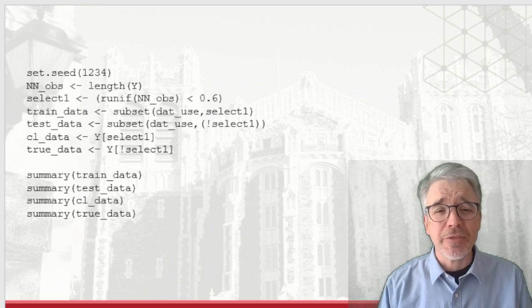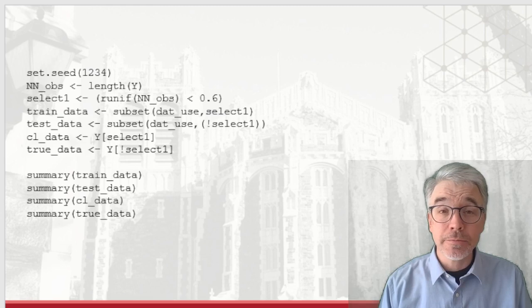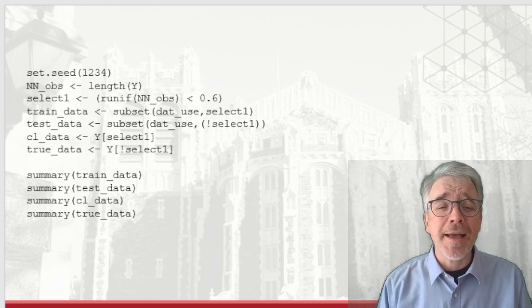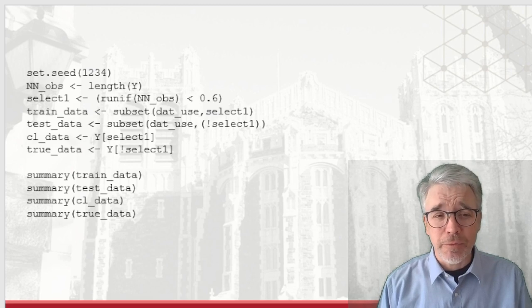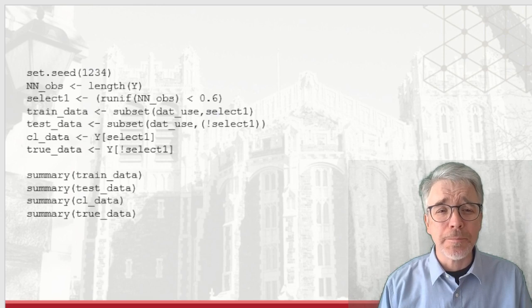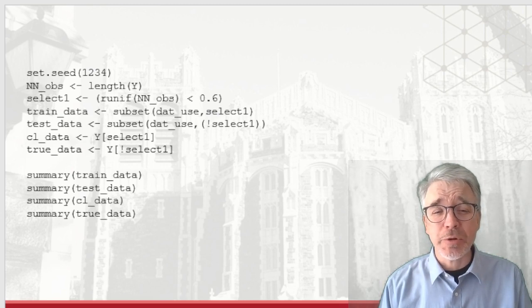Anyway, the next line of code selects 60% of the sample at random, pseudo-random. The runif is picking these random numbers from a uniform distribution between 0 and 1. It's going to be a whole long list. If the random number is less than 0.6, it returns a value of true.